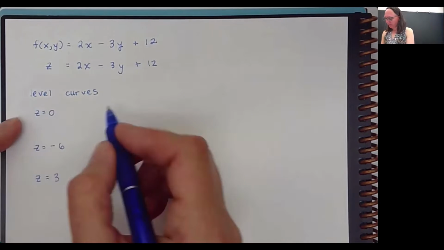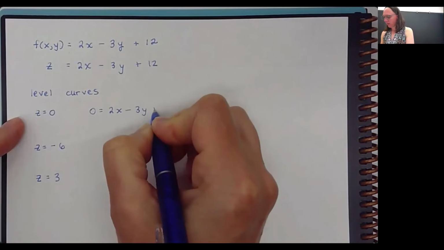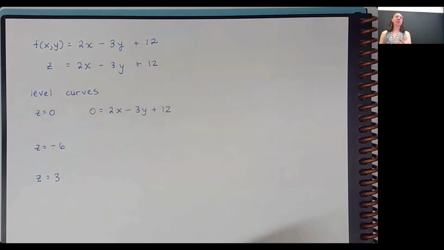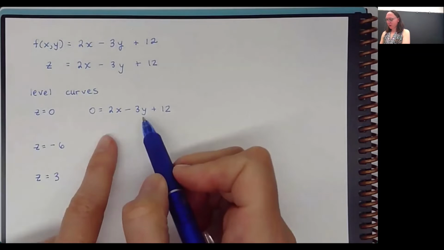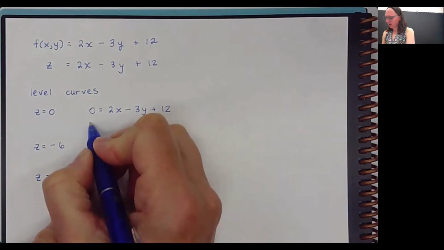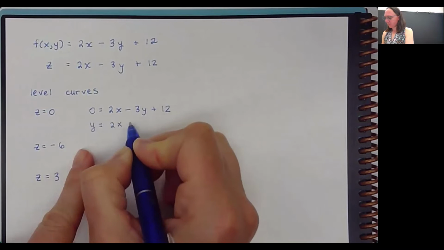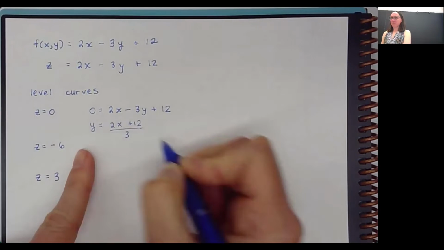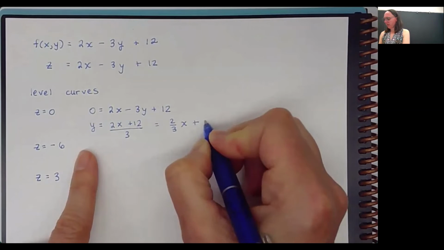If z equals 0, I've got 0 is equal to 2x minus 3y plus 12. If you had to graph that line, you'd rather see it as y equals. So I'll move my 3y over and divide by 3 at the end. I get y equals 2/3 x plus 4.